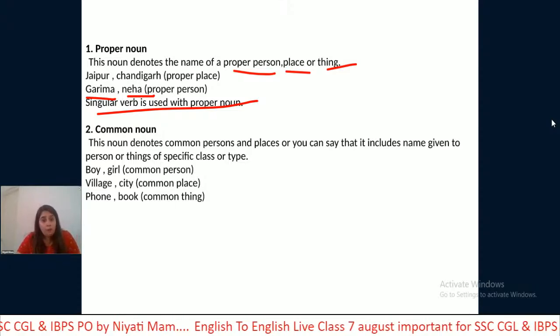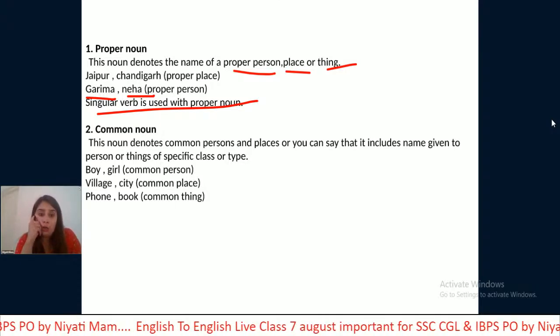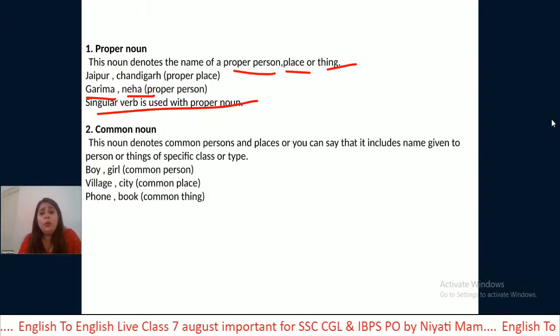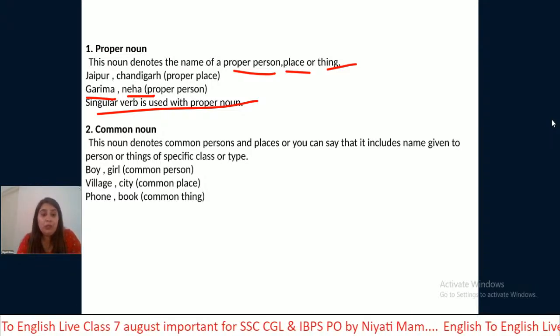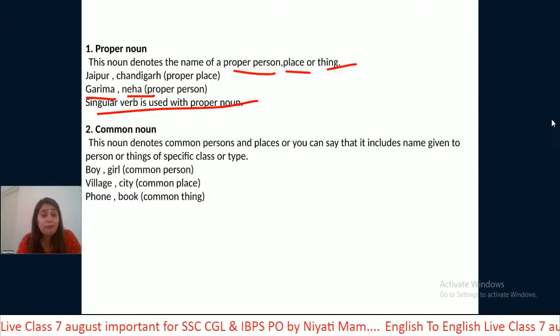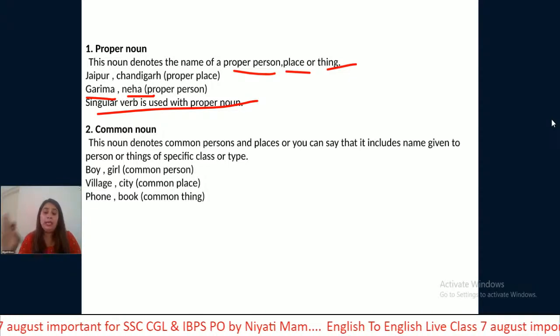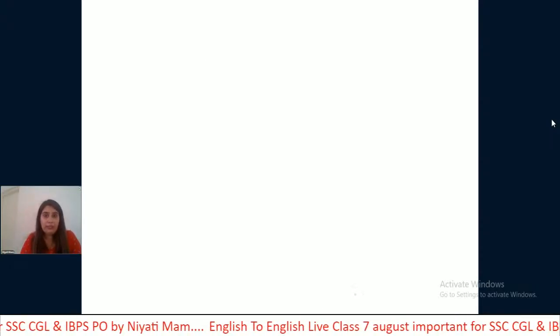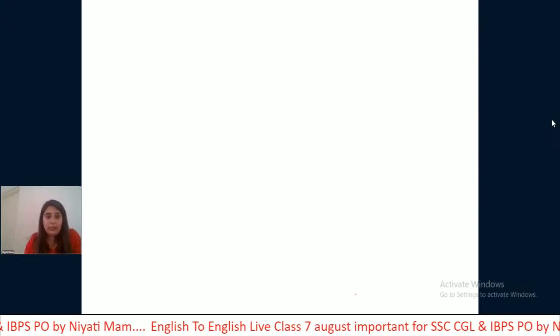Okay. Common noun. This noun denotes common persons and places, or you can say it includes names given to persons or things of a specific class or type. Listen, I'm writing 2 sentences on your screen. Just consider these 2 sentences.